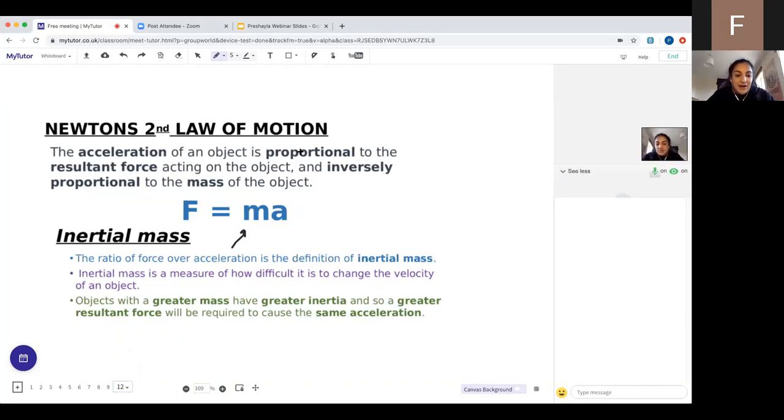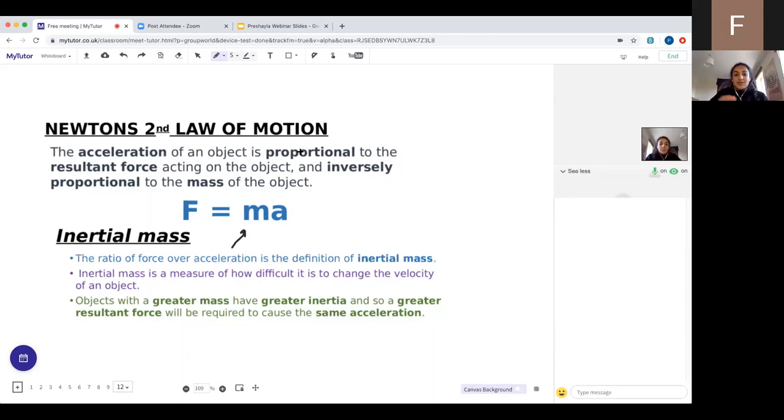So inertial mass is defined as the ratio of force over acceleration, and qualitatively, it's defined as how difficult it is to change the velocity of an object.